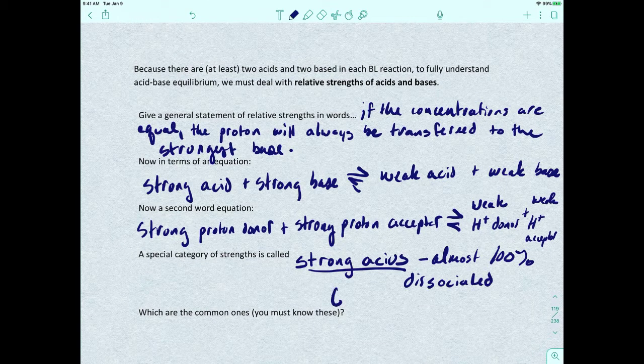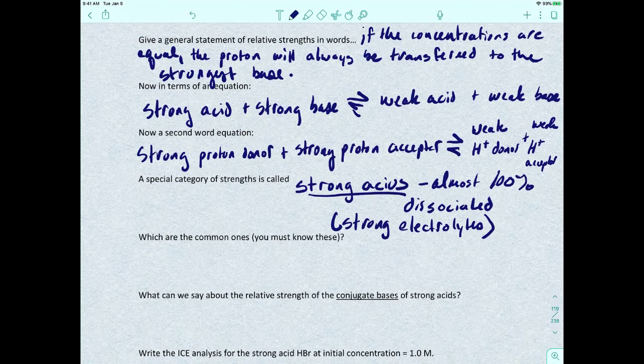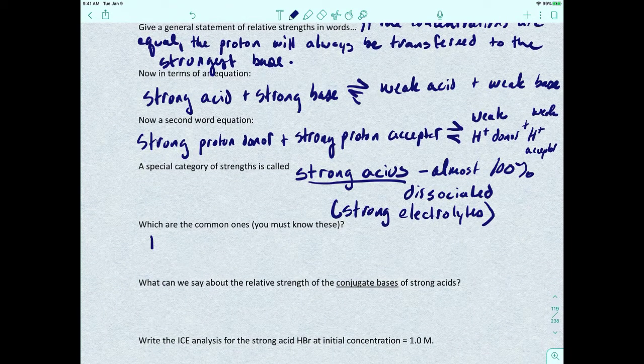Keep in mind, when we talked about this back in Gen Chem 1, we classified these as strong electrolytes. Which are the common ones we're talking about? HCl, hydrochloric acid, hydrobromic acid, HF, HNO3, H2SO4, and then HClO4.